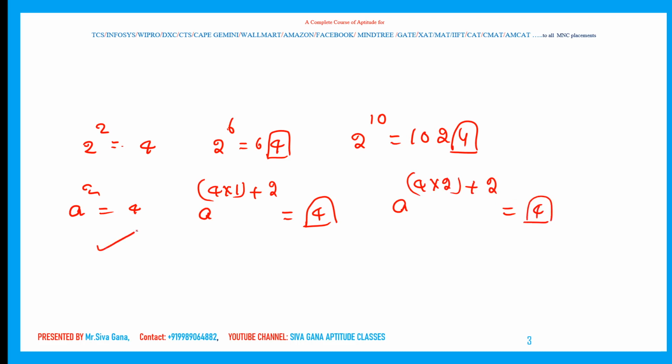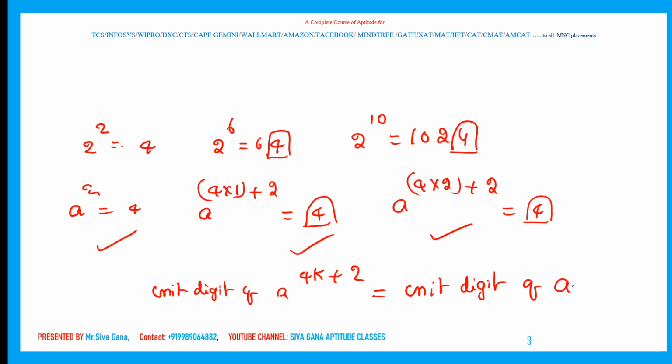From these three examples, what can we conclude? The unit digit of a power 4k plus 2 is equal to the unit digit of a power 2.